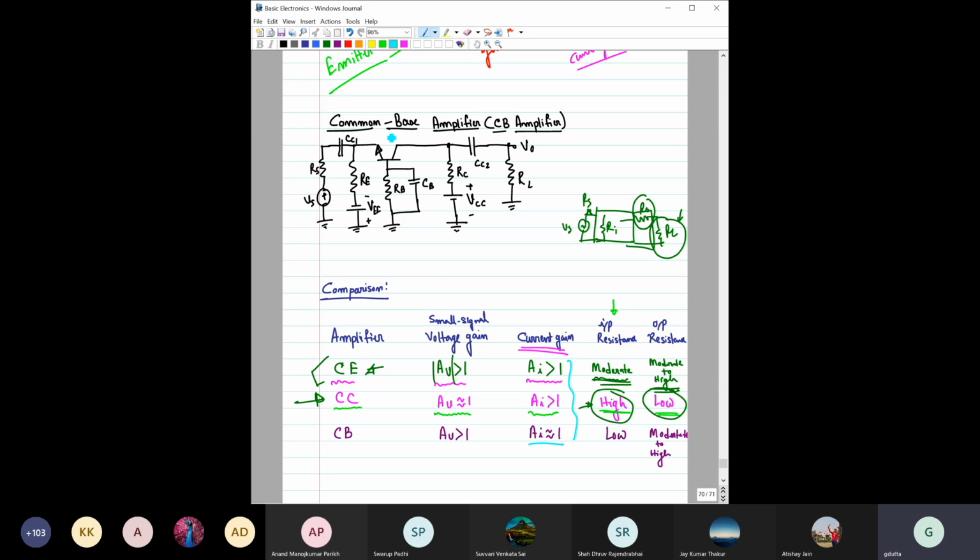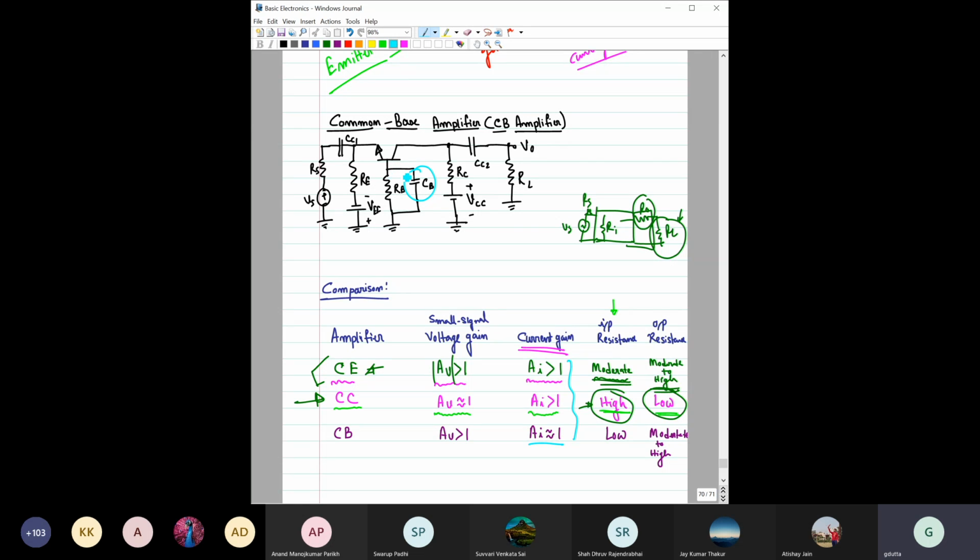Okay, similarly, the common base configuration looks something like this. In common base, the base is grounded in AC signal. That's what we have connected with this CB, and this RB is being used for DC biasing purpose.